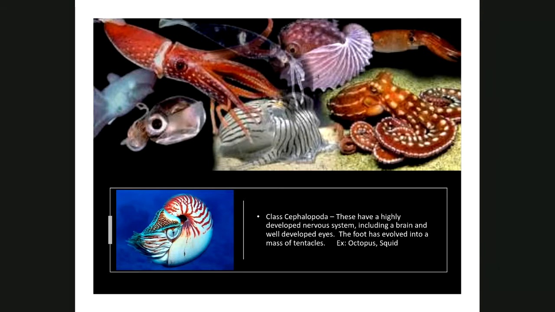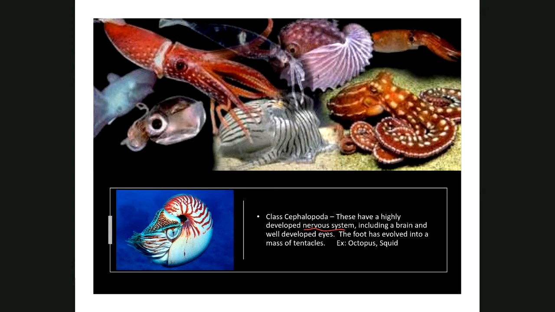All right, and they're interesting because they have a highly developed nervous system, which, in fact, the nerves of squid are the nerves that were used in the research that led us to an understanding of how nerves work. The first research that was done on the nervous system of anything was on the squid because the nerves were so big and easy to work with.